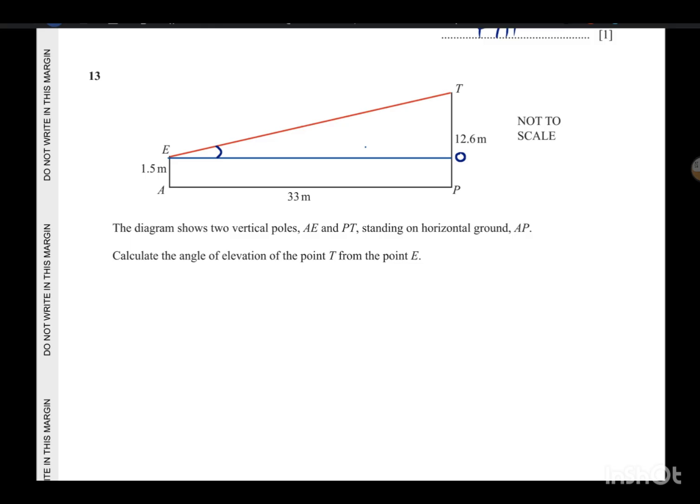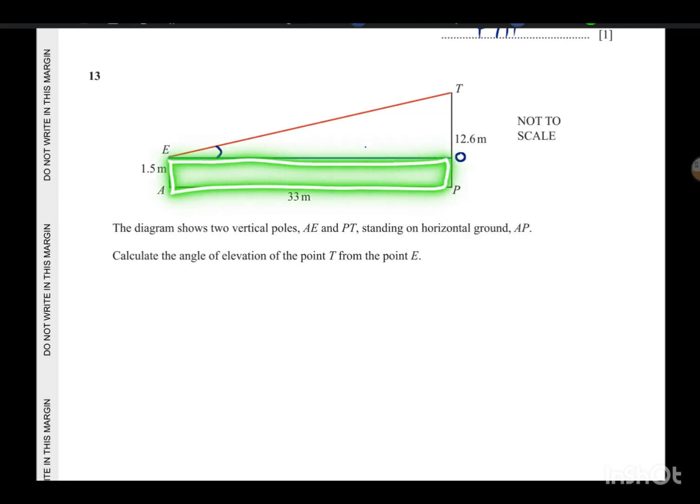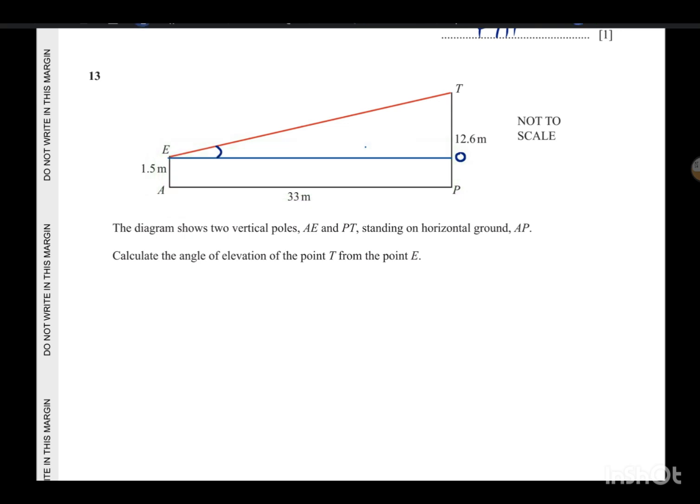Now how do we find this angle? We need to know the opposite side, which is this, and the adjacent side, which is this. First of all, the adjacent side will be 33, because this is a rectangle, and in a rectangle the opposite sides are equal.